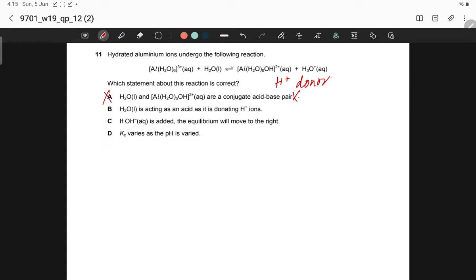Water is acting as an acid as it is donating H positive ion. No, this is not correct because when hydrogen ion is added to H2O, hydronium ion is formed. So if OH ion is added, the equilibrium will move to the right.